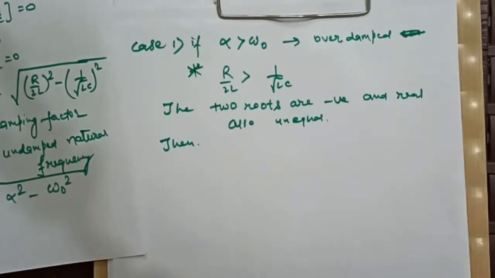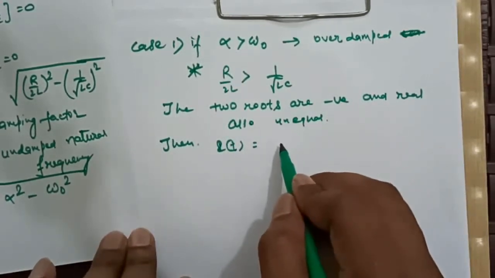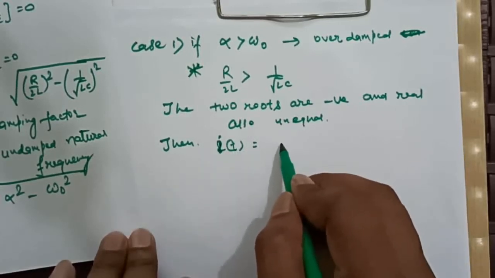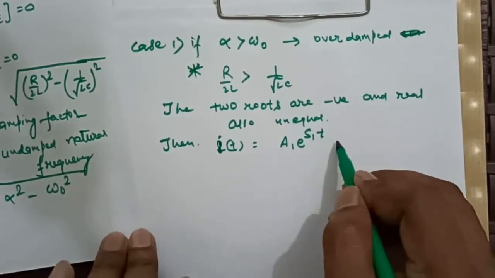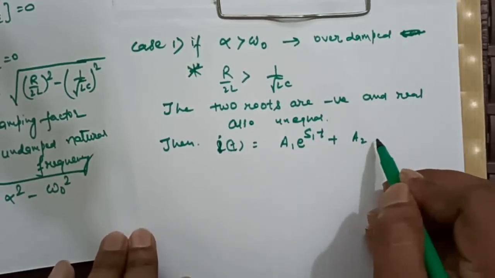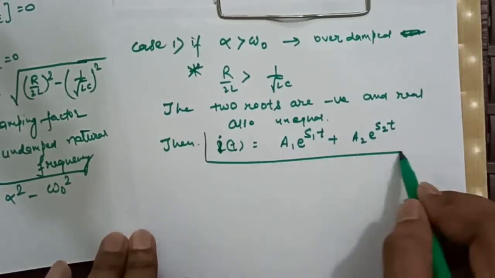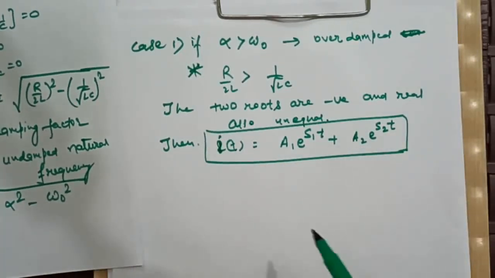Then taking inverse Laplace transform, it will be of the form of some constant a1 e to the power s1 t plus some constant a2 e to the power s2 t, right? Now what are a1 and a2? a1 and a2 are some constants which should be determined from the initial condition.